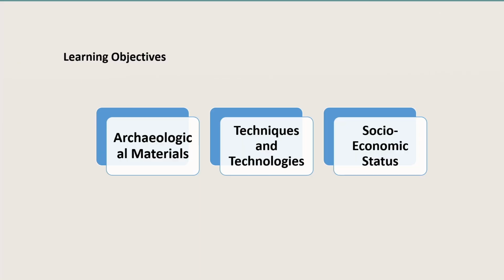At first, we discuss the learning objectives of this topic. The first learning objective is to identify and describe the various materials used in ancient Indian archaeological sites and their cultural significance. The second is to analyze the techniques and technologies employed by ancient Indian civilization in the production and use of material artifacts.